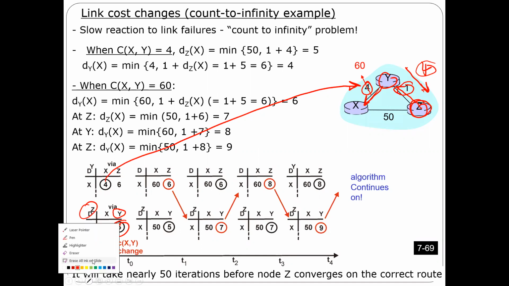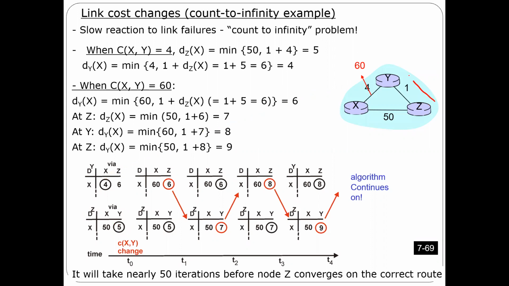So for y, I received a message from z telling me I can go to x, and the cost for that is 5. That means one of the options for y is actually I can send to z, and z is going to send to x, which is 5. 1 plus 5, that's why I have 6 here.